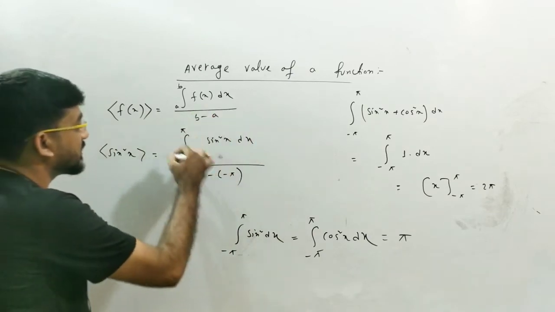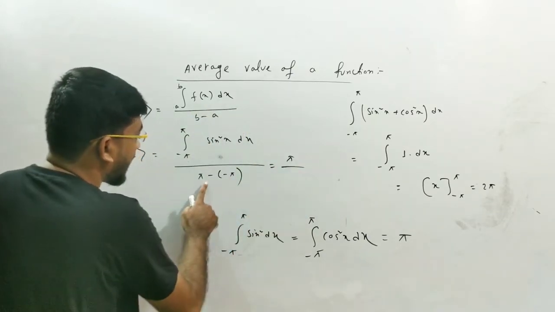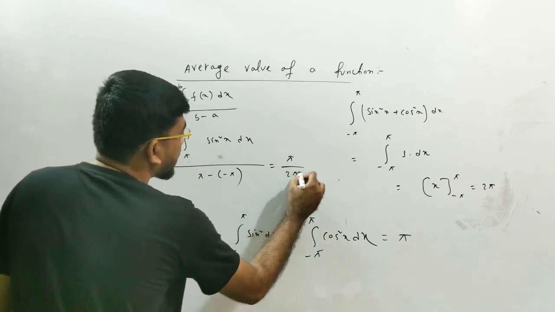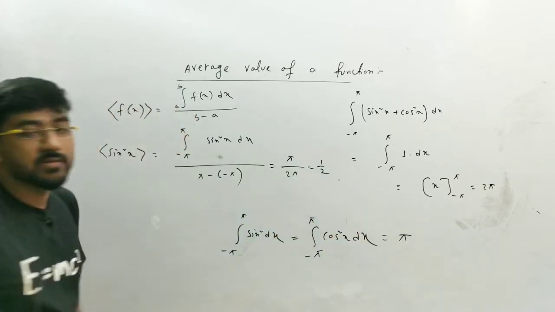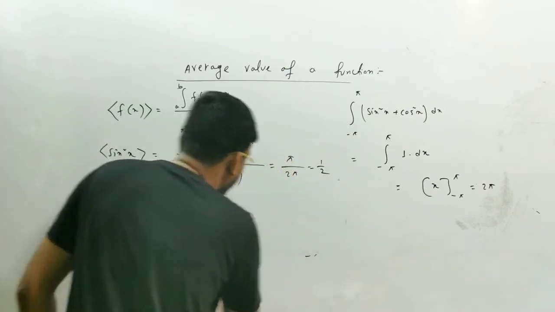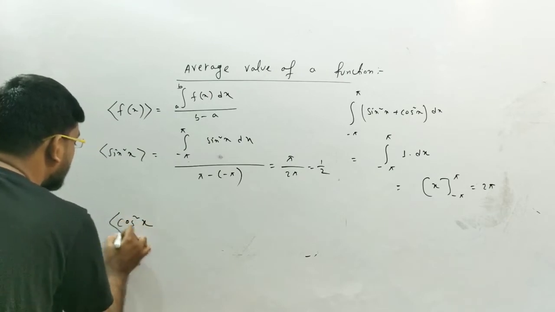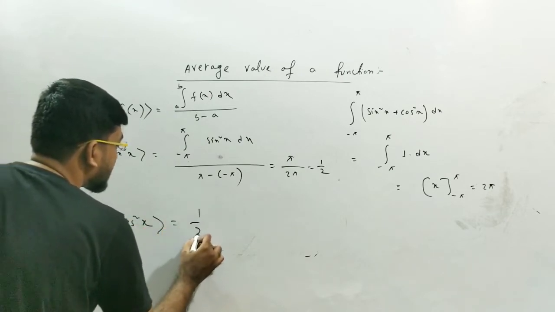This integration is giving pi, and pi plus pi is 2 pi. So you will always get half. So the average value of sin square x and cos square x within the full period, you will get just half.